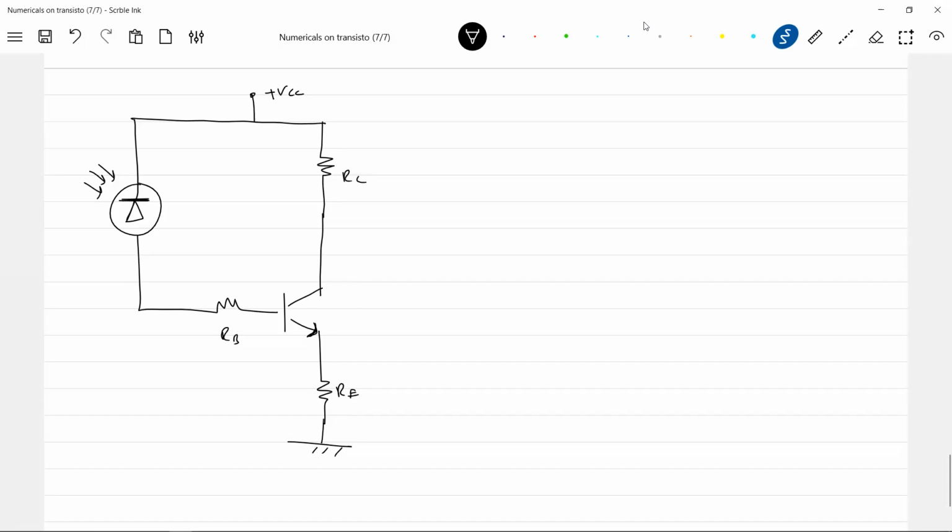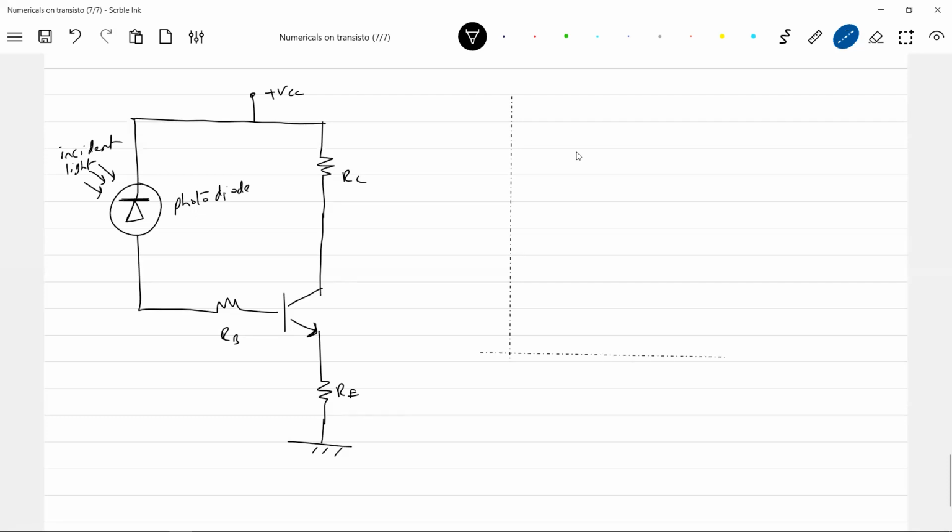So this is incident light. This is a photodiode. Now, if I increase the intensity of light, how is the response for collector versus the output characteristics curve?